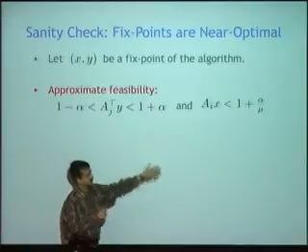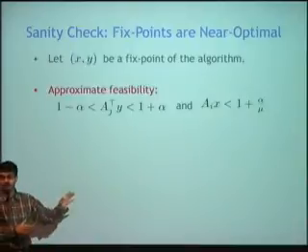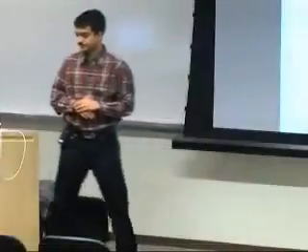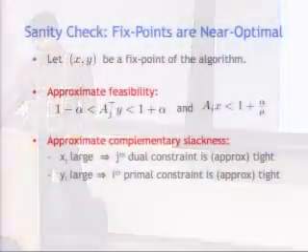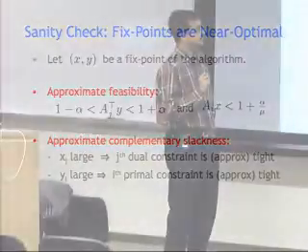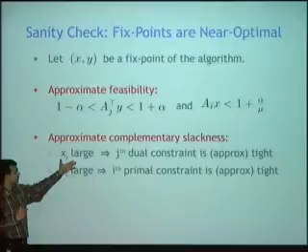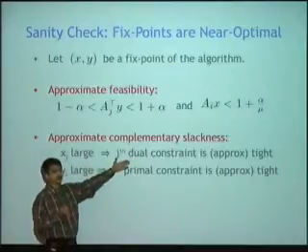And in fact, in the previous slide we already showed that x is always feasible. So primal feasibility is already established. So both x and y are approximately feasible. Now we argue that both the complementary slackness conditions are satisfied in an approximate sense. More precisely, if x_j is large, then the jth dual constraint is approximately tight.